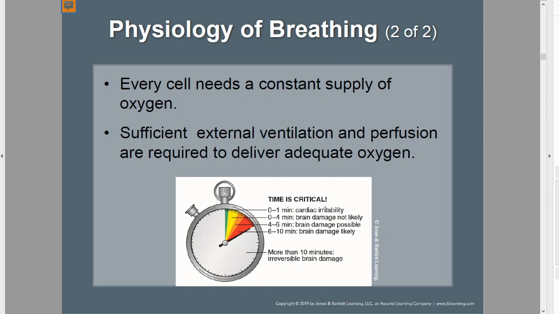That cardiac irritability can cause irregular rhythms, right? Now, I want you to think about this because this is more than likely times based on an average person without an extensive medical history. So these times could be even more critical for a patient who has some type of medical problems.